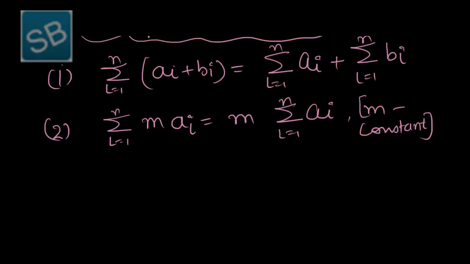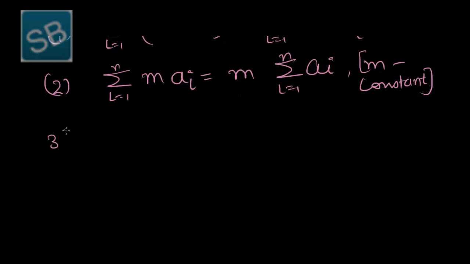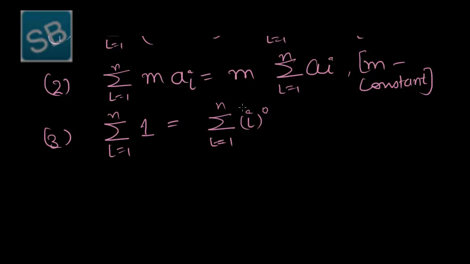independent of i. The third property is, if we take summation or sigma i from 1 to n of a constant number 1, it can be written as summation i from 1 to n of i raised to power 0, as i is varying from 1 to n and something raised to power 0 is 1. So we replace 1 by i raised to power 0.